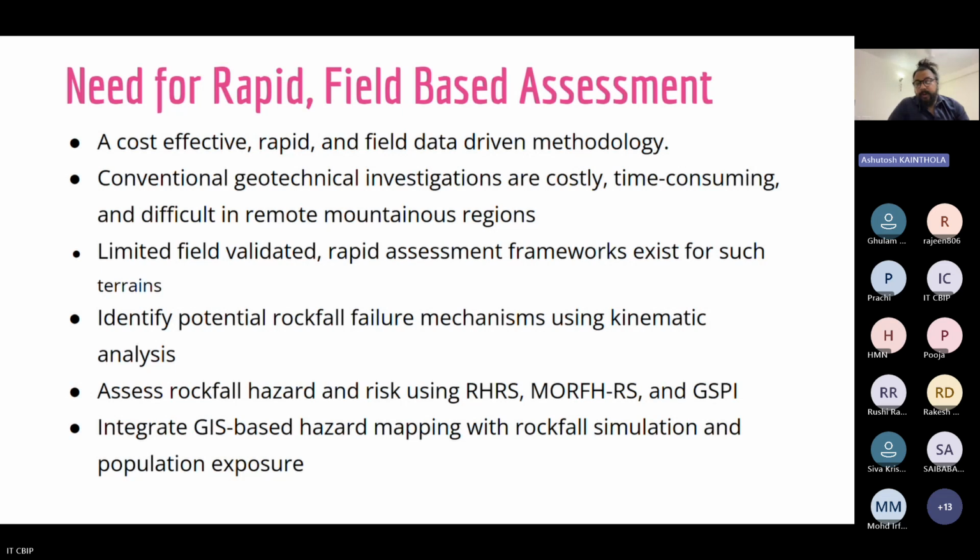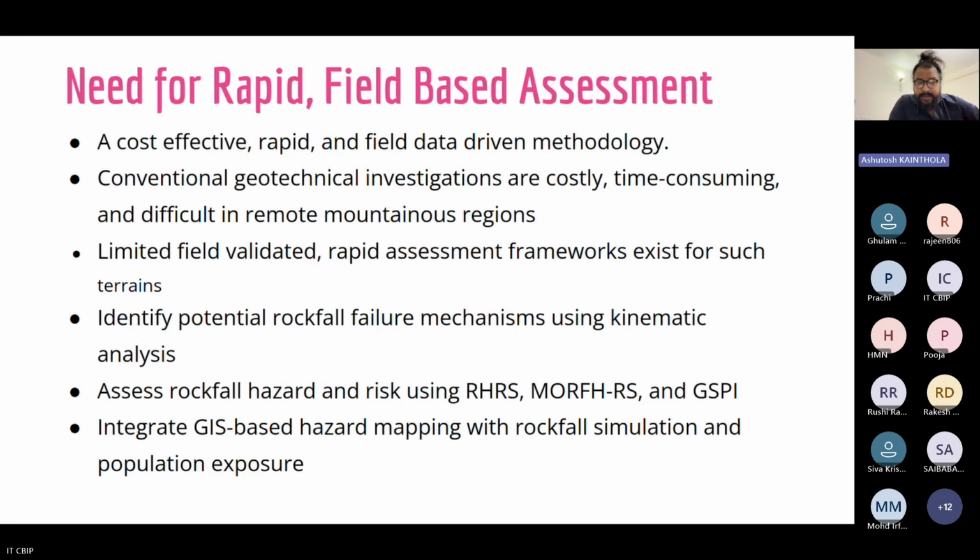In the end, everything has been combined together in a GIS framework to come up with maps for that specific stretch of road, in which all the specific zones along the road have been mapped according to the risk they pose. Not merely hazard, the risk they pose, which again is tied to the population that they may influence.